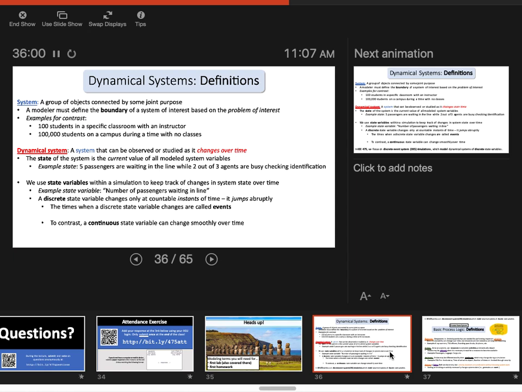If I were to draw a timeline, and put on the y-axis my state variable x, a continuous x might smoothly change over time, but a discrete state variable will hold a particular value, and then it'll jump to some other value, and then jump to another value, and it has all of these jumps. And in instances where the state jumps, we call them events.